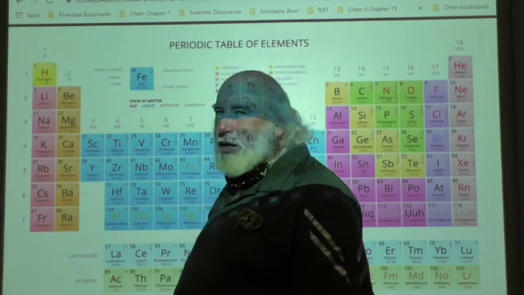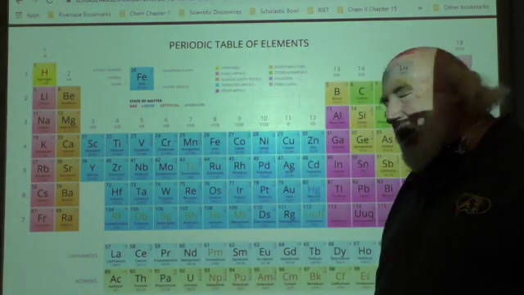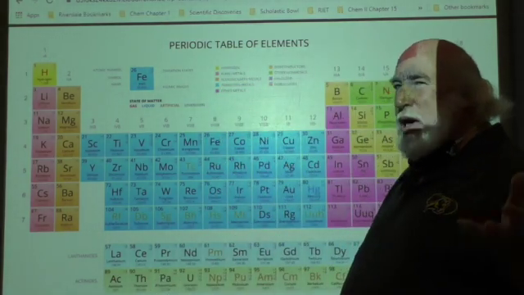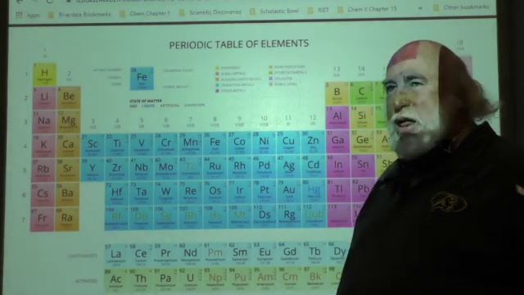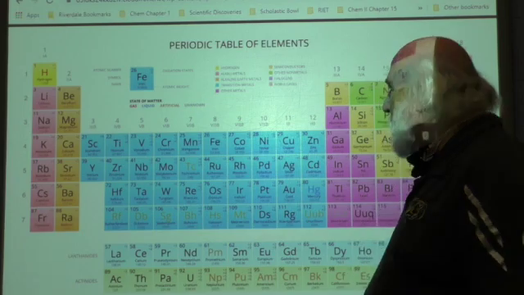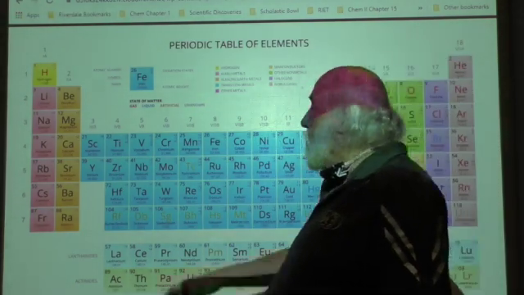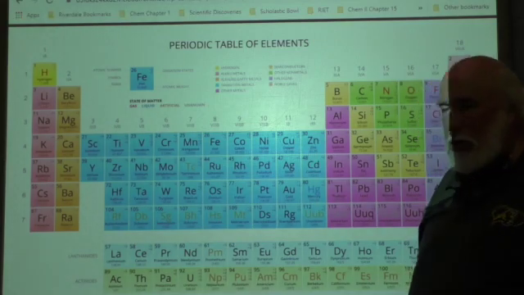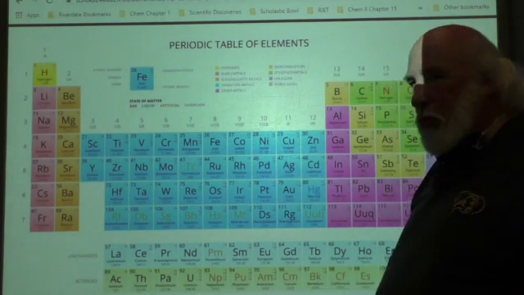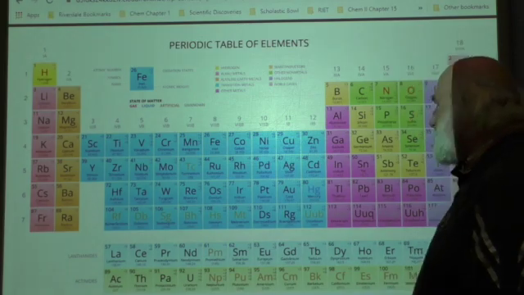Now, hydrogen is not a metal. So we don't technically call hydrogen an alkali metal, because when it reacts with water, it just kind of sits there. Doesn't react. In fact, some people would argue that the hydrogen actually belongs over here, which we'll talk about in just a little bit, and in a later chapter about how electrons work and all that.